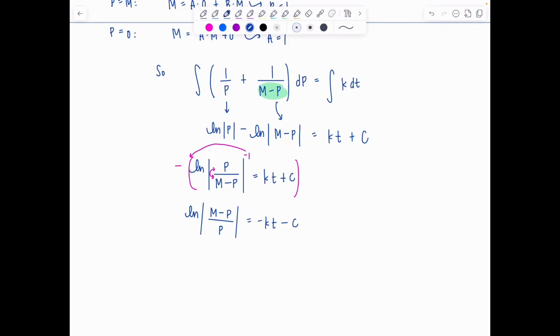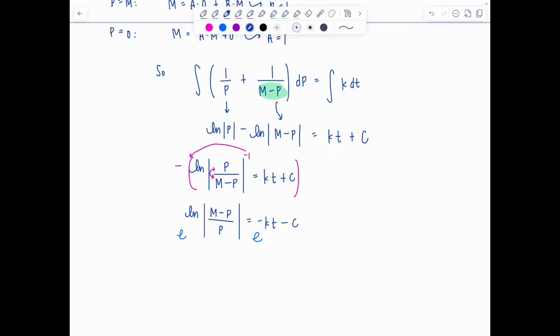And then from here, I'm going to take e and raise it to both sides. Hold on, that is so crooked. Excuse me. Okay. e raised to the left-hand side, e raised to the right-hand side. So now where are we at?